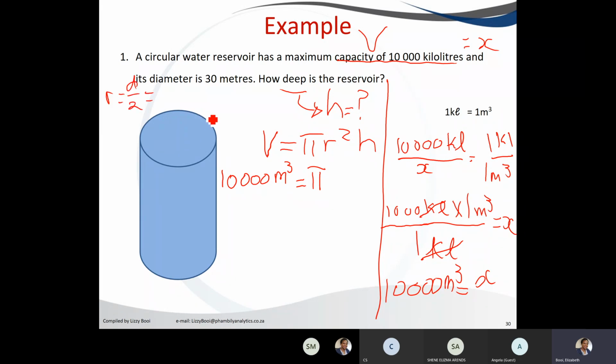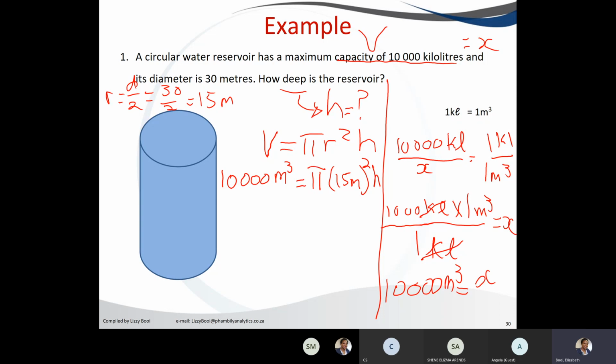We know that our diameter is 30, divided by 2. Therefore, our radius is 15 meters. So we can also come here and say pi times 15 meter squared times h. Now we need to make h the subject of the formula, which means we need to divide by pi times 15 squared.